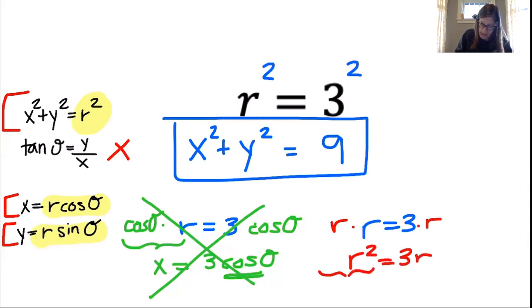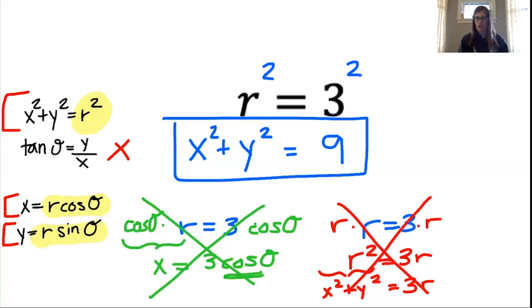Sure, you can rewrite this as x squared plus y squared, but then on the other side, you're still stuck with an r. And so it would be back to square one. How do we change that into rectangular form? So again, not your best option, okay? So you might have to think about more than one way that you would want to manipulate the equation so that you can get out of the r's and the thetas and into the x's and the y's.